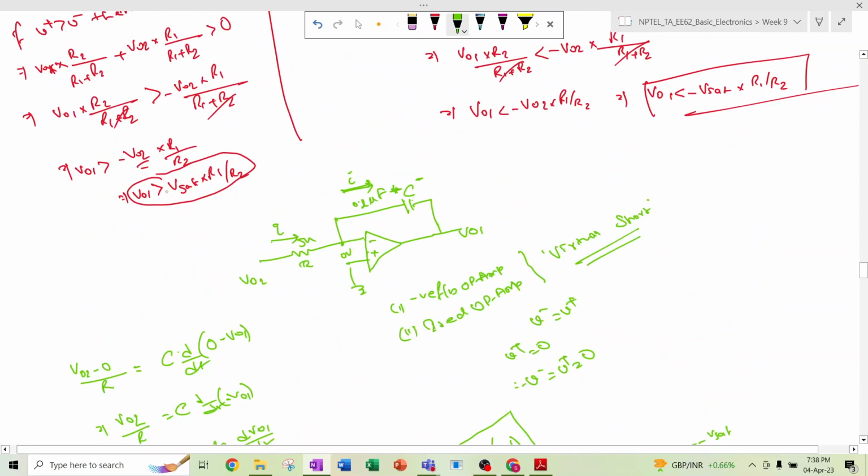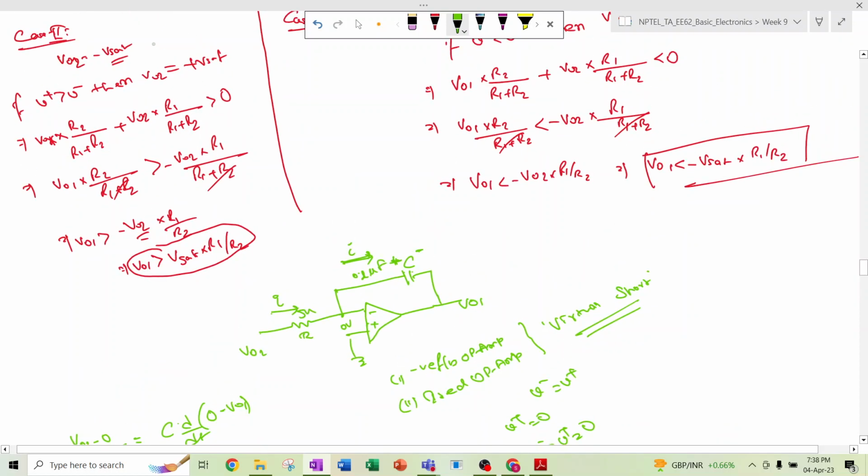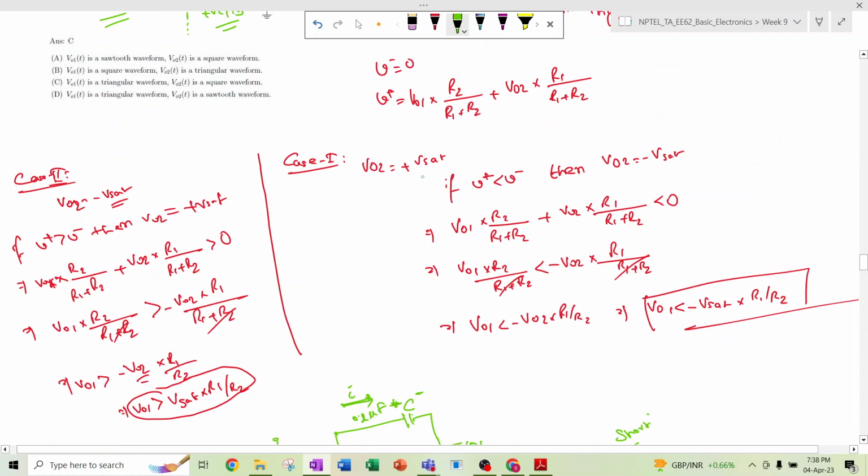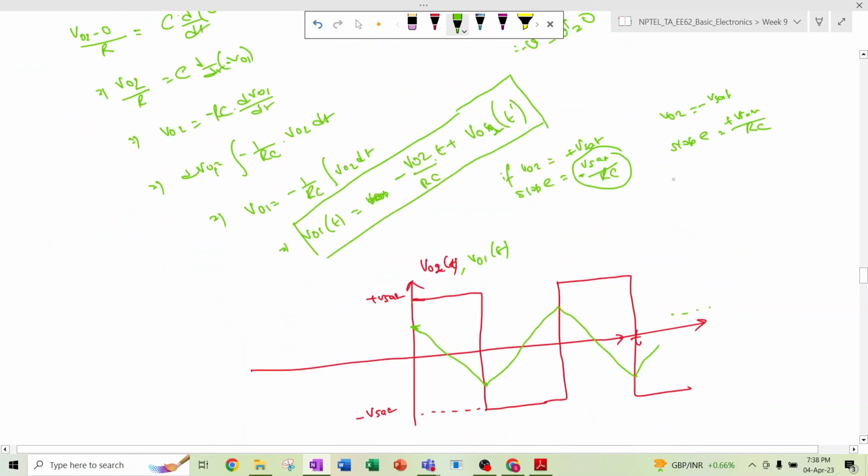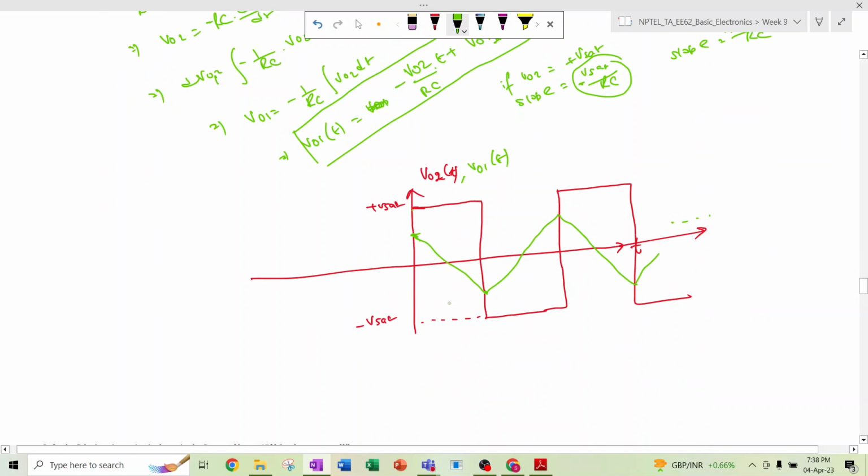We can say that at first VO2 is plus Vsat, so if it is minus Vsat into R1 minus R2, if it is less than that, then it will become minus Vsat. So it is minus Vsat into R1 divided by R2, and similarly this thing is plus Vsat into R1 by R2.